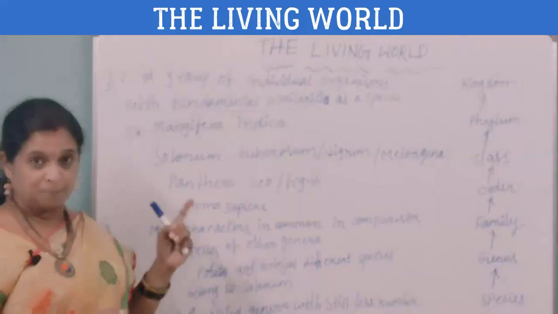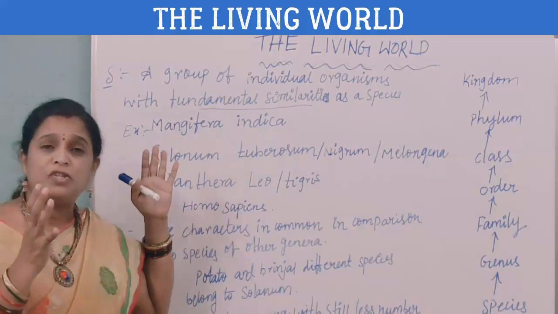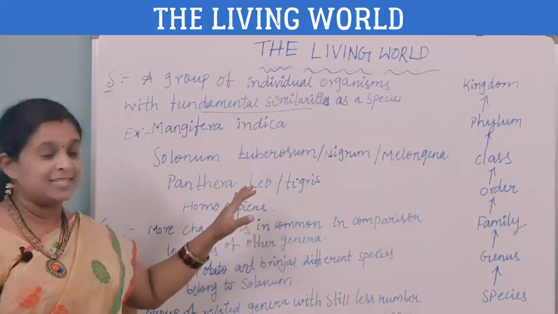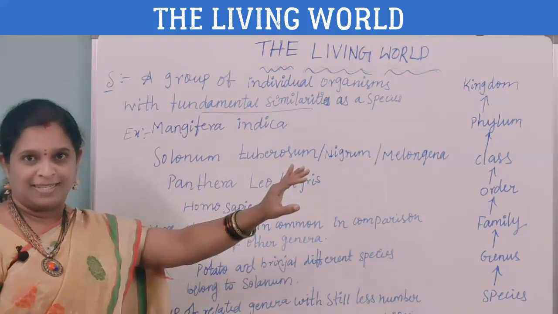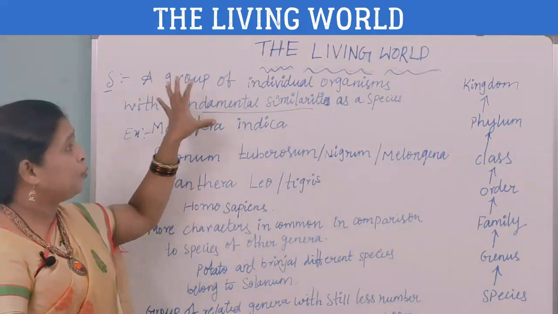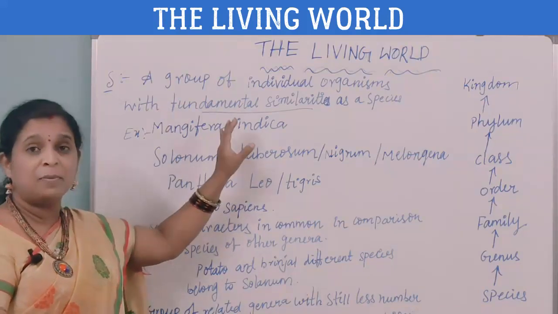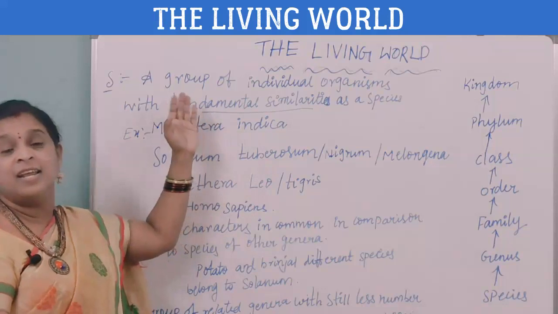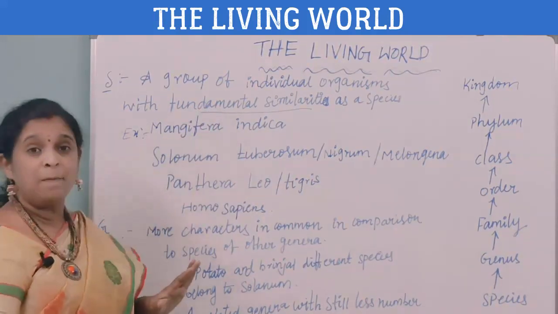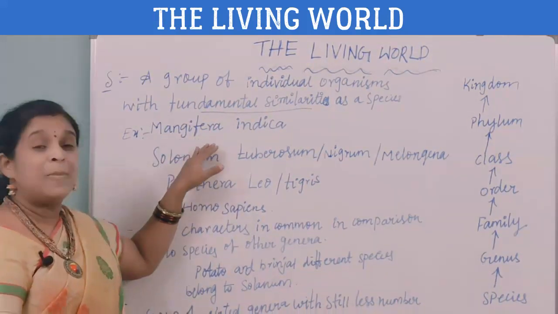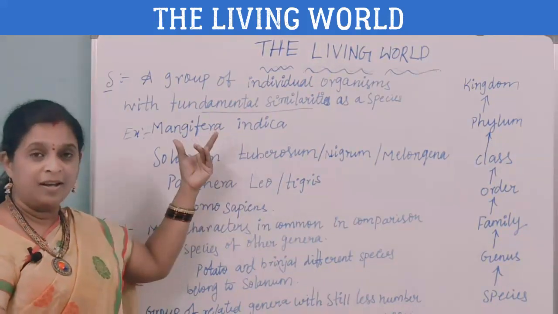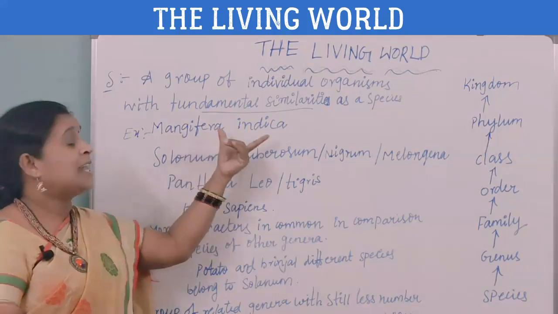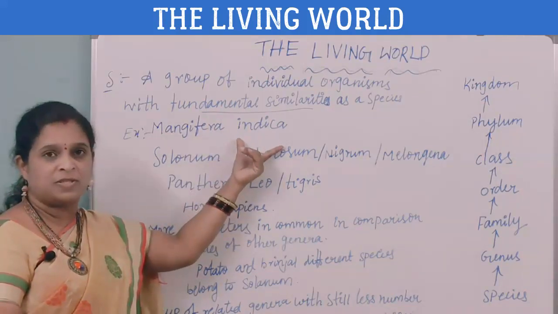The first one is species, a group of individual organisms with fundamental similarities. If any group of individuals has fundamental similarities, then they are categorized in a species. An example is Mangifera indica, where Mangifera represents the generic name and indica represents the specific name.